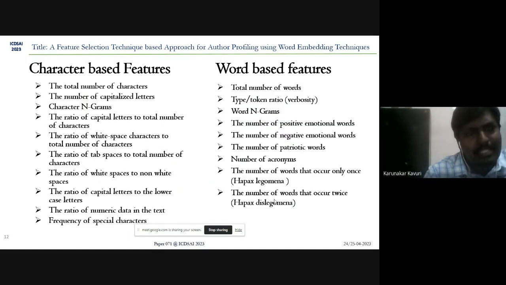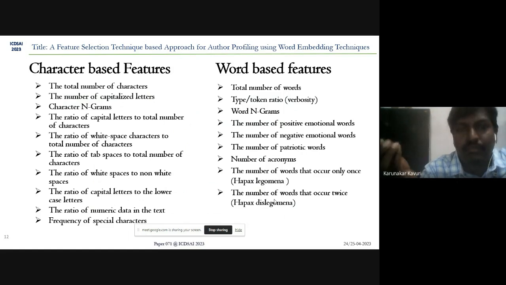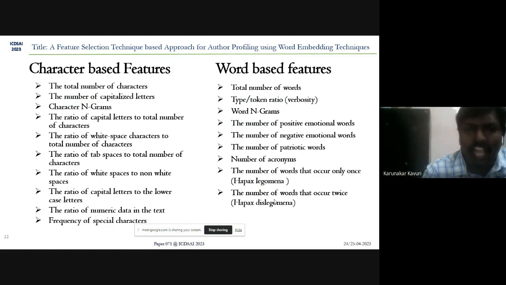In my previous work, I defined new stylistic features. After that, I moved to content-specific features. Word-based features include the total number of words within the document, n-grams, two-character length words, three-character length words, like that. Also how many words start with capital letters, and what is the ratio of white spaces to non-white spaces.